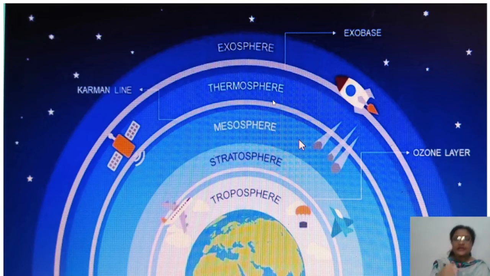Proper working of the radio waves, or you can say radio communication, is carried on because of this layer of atmosphere, which is called ionosphere, right? And it starts from 80 kilometers and goes till almost 400 kilometers. It is covered by ionosphere, right?